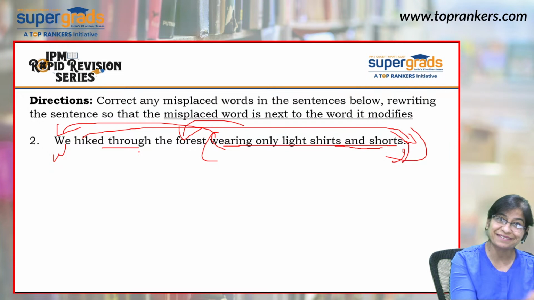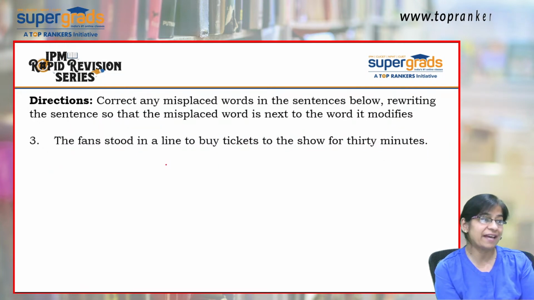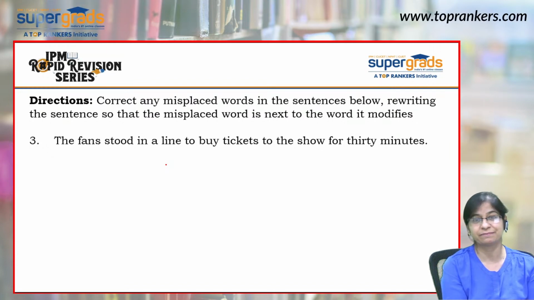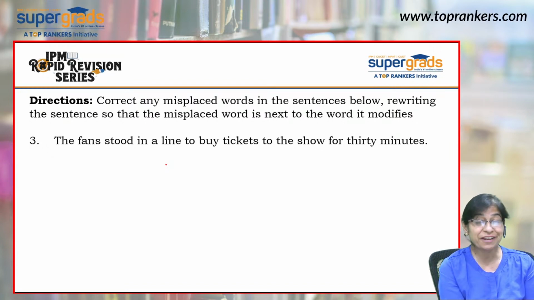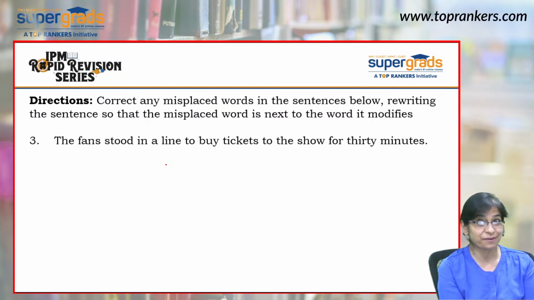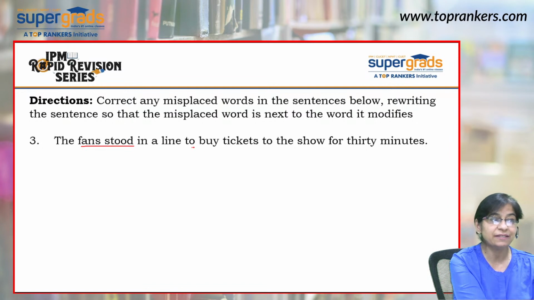Now let's look at another example without the options. Okay, this one says the fans stood in a line to buy the tickets to the show for 30 minutes. Let's see if we can figure out what's wrong in this sentence. First of all, identify which part is not correct. Well, let's do it together. The fans stood in a line to buy the tickets.